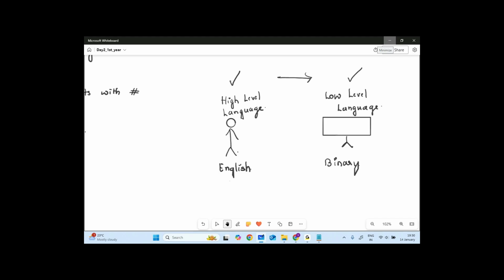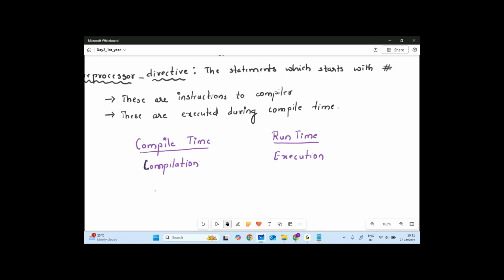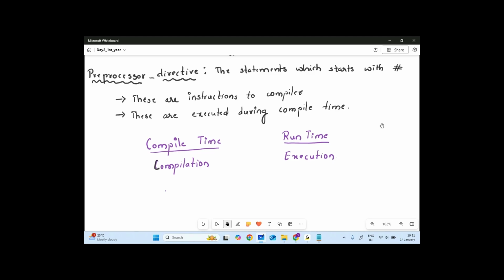This process is called compilation. It is a process to convert high level language to low level language.